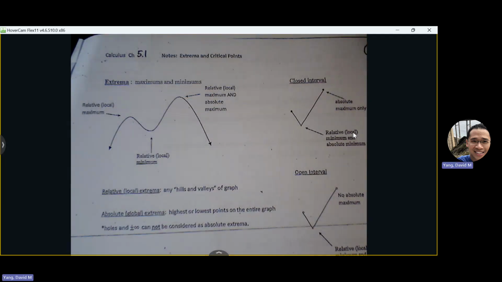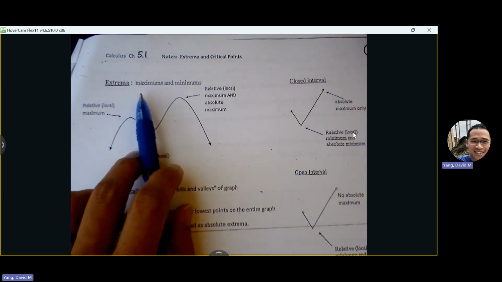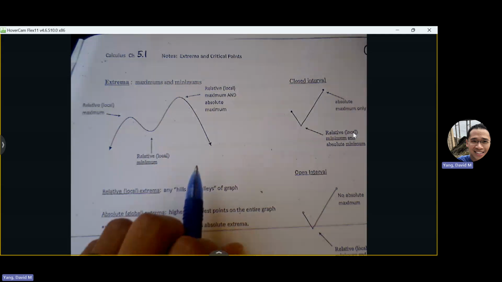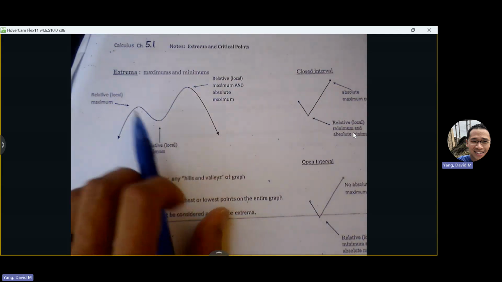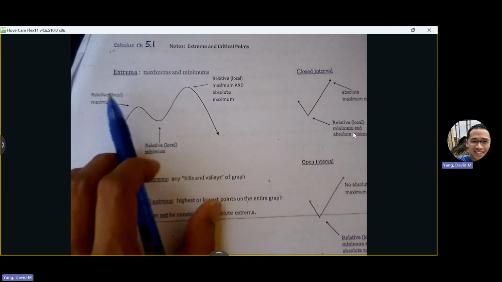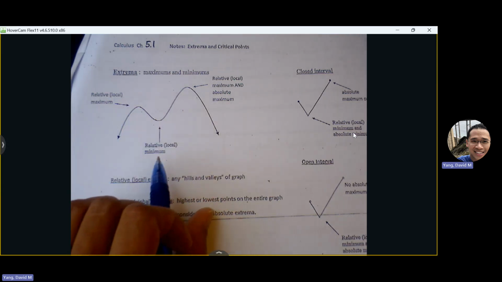All right, so some definitions here. Extrema is plural for max and min, so maximums and minimums, basically peaks and valleys of graphs. If we have any hill of a graph or any valley of a graph, we call those points a relative maximum or a relative minimum.